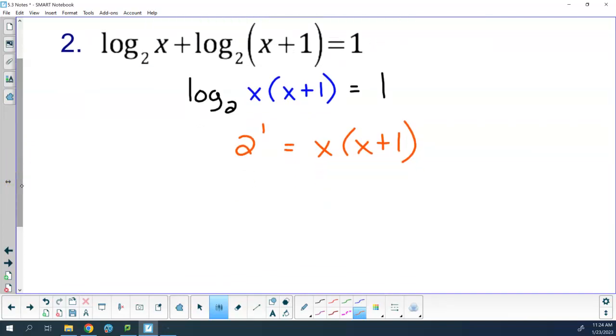Okay. 2 to the first power is 2. X times x plus 1 is x squared plus x. How am I going to go about solving 2 equals x squared plus x?